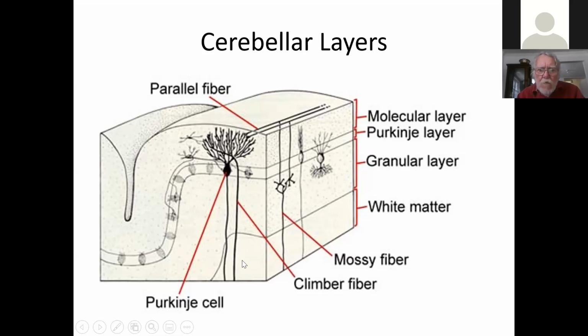So now you can also see the granular layer and the molecular layer. And what you can now see is climbing fibers. Whereas the Purkinje cell axon is going down into the deep cerebellar nuclei, the climbing fibers coming through the inferior cerebellar peduncle make direct connections onto the dendrites of the Purkinje cells.